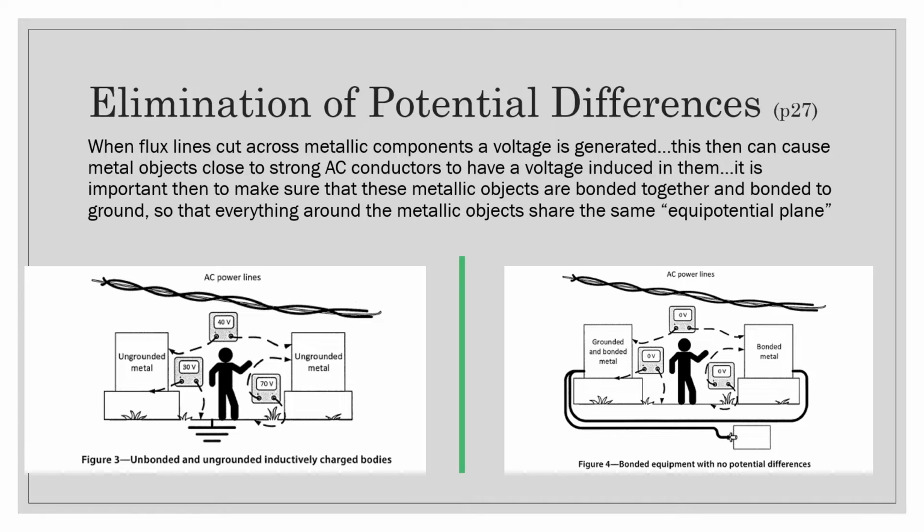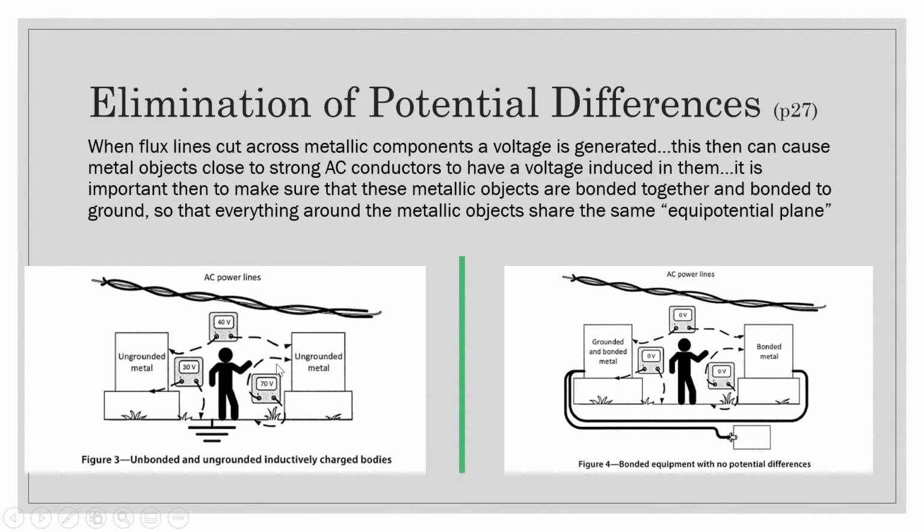As we've discussed in module A3 when it comes to magnetism, we know that when current flows and is changing direction, flux lines are going to be expanding and contracting out of these power lines. And if there are metal objects that are close enough, those flux lines can cut through those metallic objects. And we know that electricity, that voltage, is generated when flux lines cut through metallic objects or conductors.